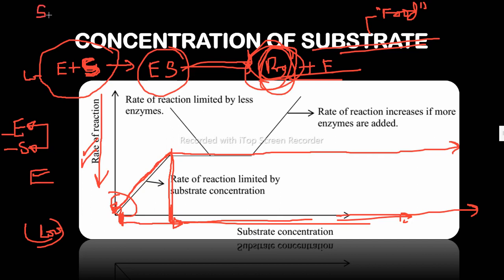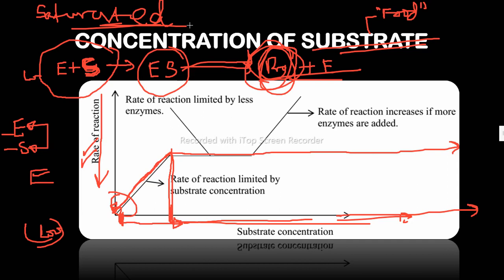Saturated, this is what I'm talking about. Saturation point. All enzyme active sites will be saturated with the substrates. So even if you increase the substrate, the rate cannot increase. Okay?